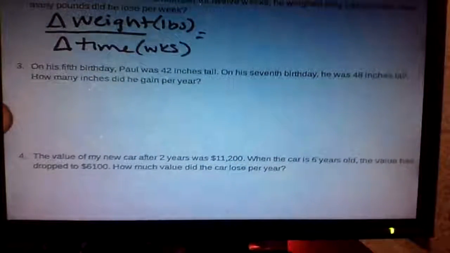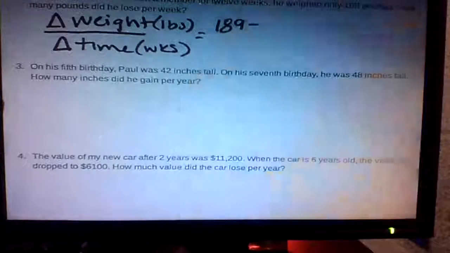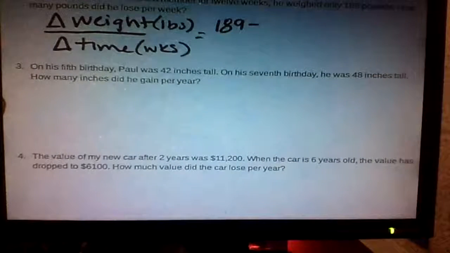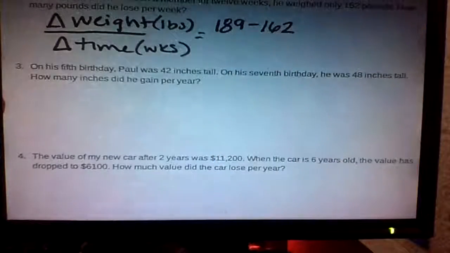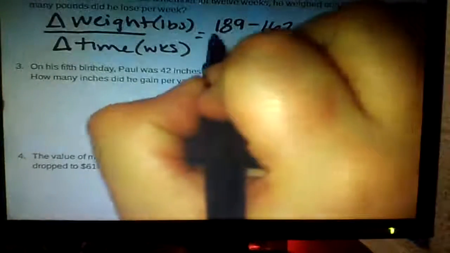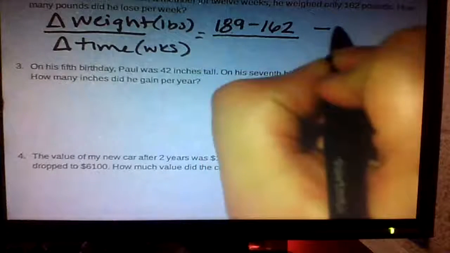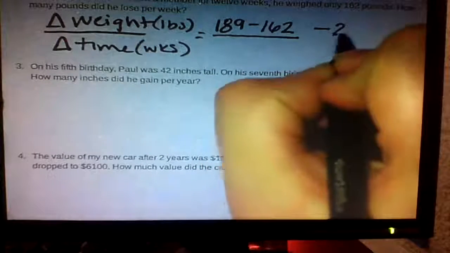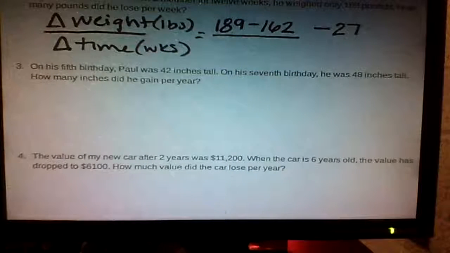What weight did he start at? 189. What weight did he finish at? 162. He lost 27 pounds. So I should actually write that as a negative, because the weight's going down.